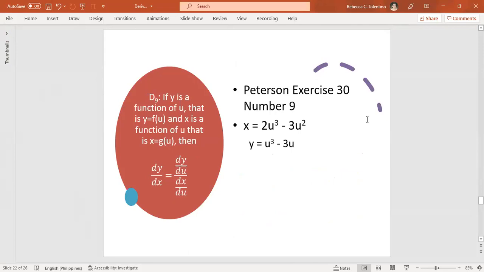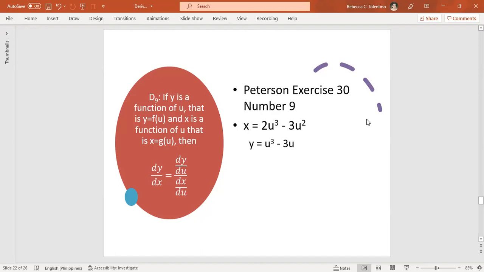Okay, so in D9, we have a parametric equation. Your y is a function of u, and x is also a function of u. So dy over dx will be a function of u as well. Okay? So you get dy over dx by dividing dy over du by dx over du. Okay?